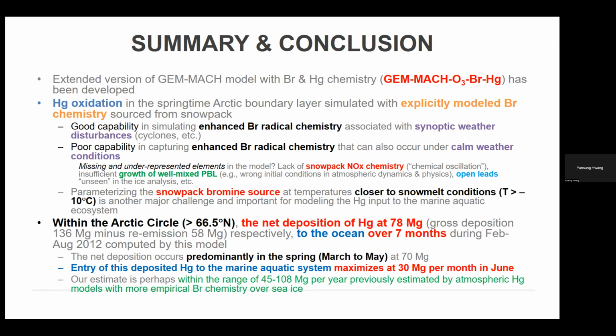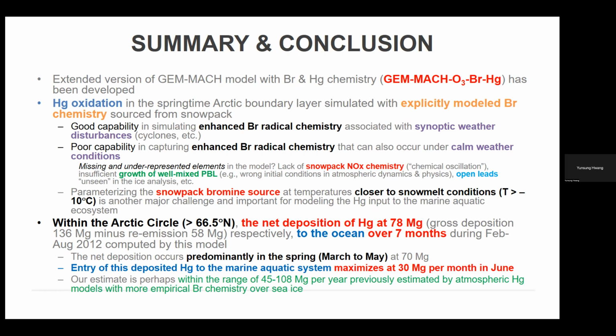So within the Arctic Circle, net deposition of mercury is simulated to occur at 78 megagram over the 7 months period over the ocean. And that mainly occurs in the springtime from March to May.